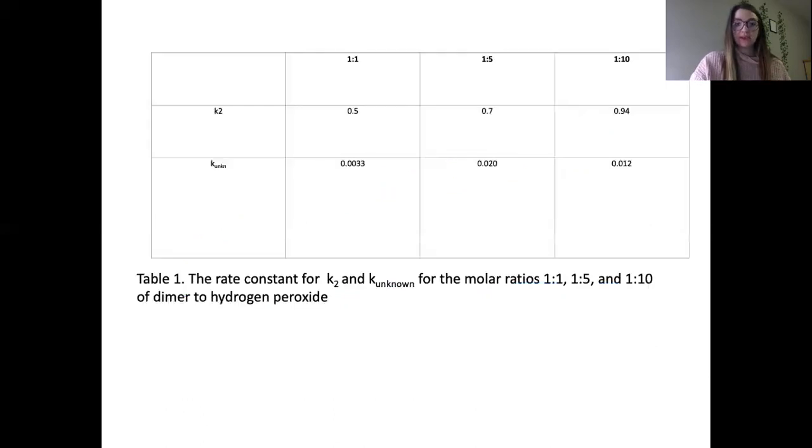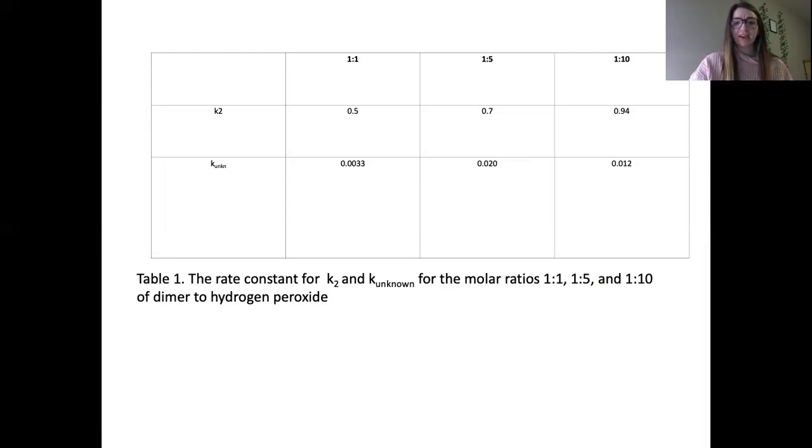What we see here is the K2, the chromium 2 plus being oxidized to chromium 3 plus, has a very similar rate constant for the 1:1, the 1:5, and the 1:10. This means that this probably is not our rate determining step, so this supports our proposed mechanism.